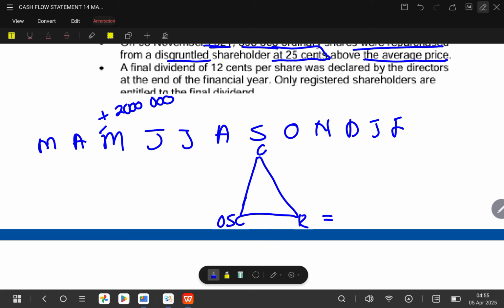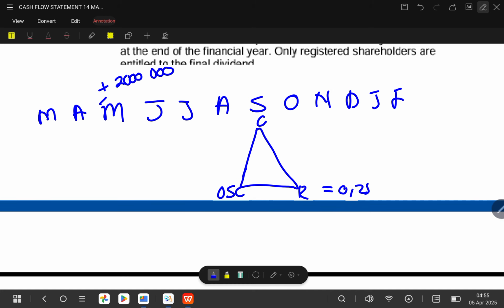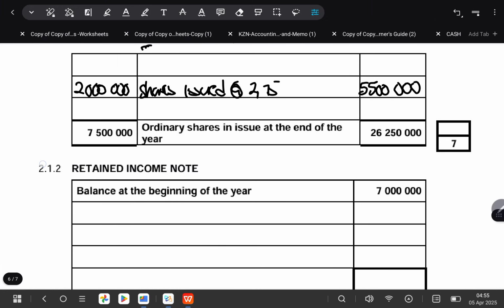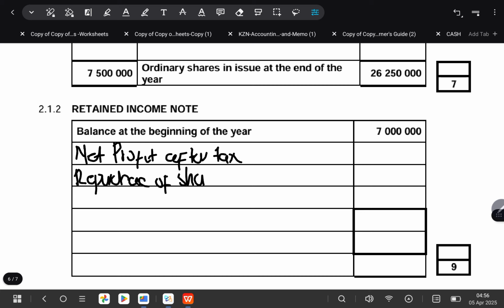So far they gave you the amount above the average price, which is your return income. So in other words, it is that 0.25 that they gave you. So we are also going to go to our return income. Remember, our return income will have balance at the beginning of the year. Then we'll have our net profit after tax, and then we would have repurchase of shares, right?